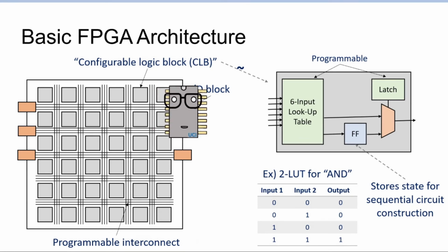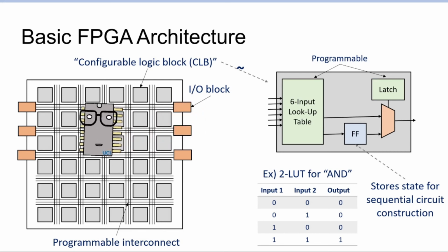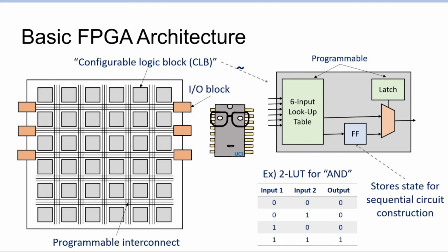There is also a grid of programmable interconnect, which can move bits between these individual blocks. And these networks are not anything like packet switched networks. There's no router in the middle or anything like that. When you program the FPGA, these are circuit switched, so that some cables are physically connected to others, so that every communication can go from one block to the other within the same cycle in a combinational way.